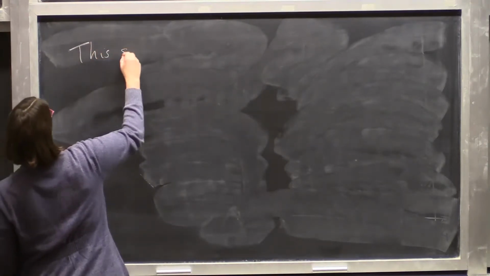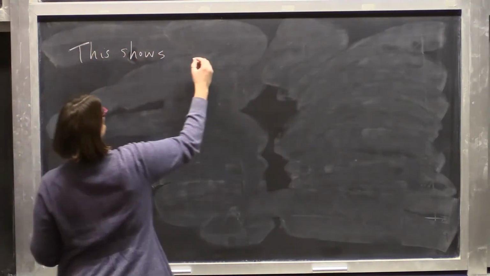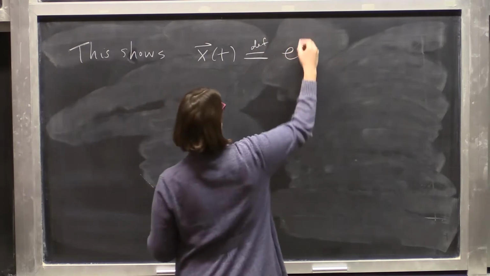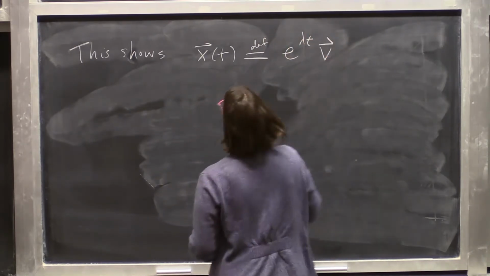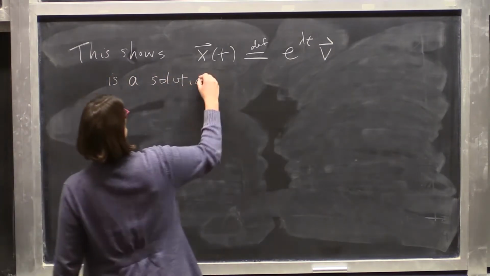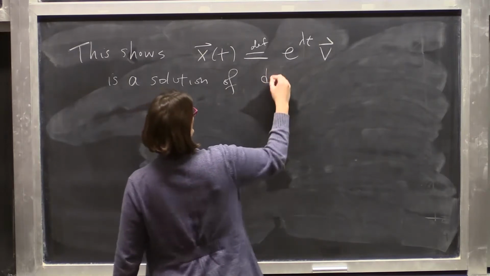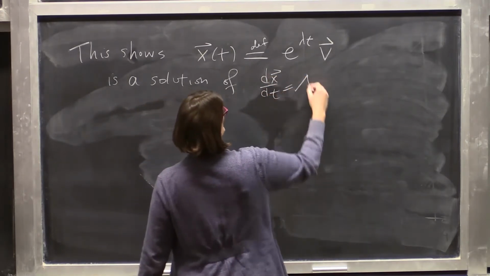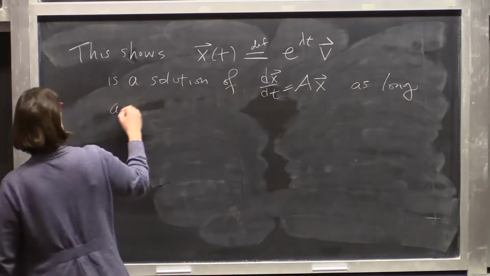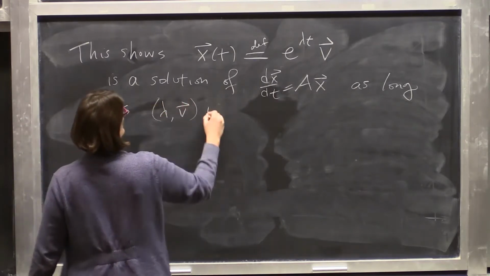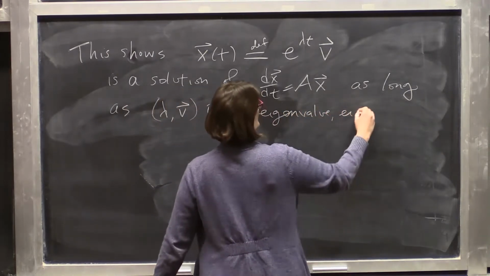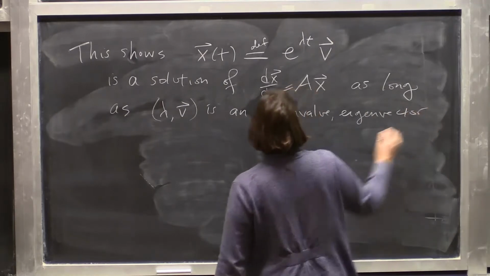This shows that x of t, which I have defined to be e^(lambda t) times v, is a solution of dx/dt equals A times x as long as lambda, v is an eigenvalue, eigenvector pair of A.